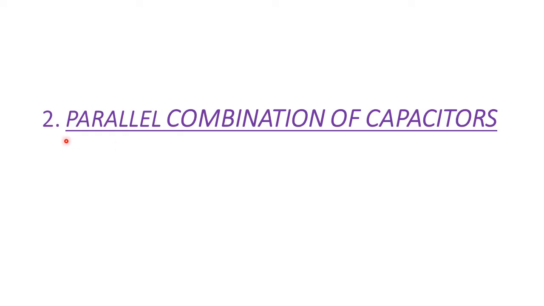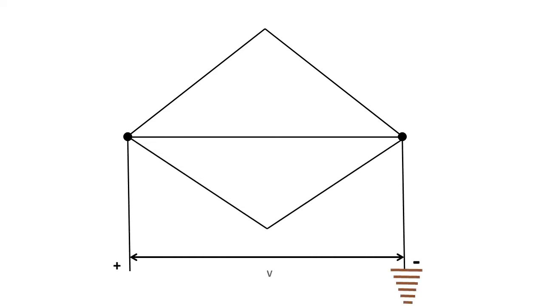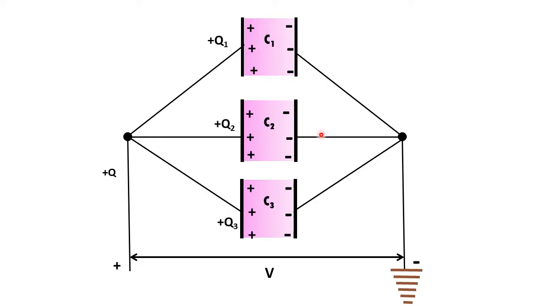Now we will see the case of parallel combination of capacitors. In this case also, three capacitors having capacitances C1, C2 and C3 are connected across the terminals of a battery having terminal potential difference V. But in case of parallel combination, each capacitor is connected with the terminals of the battery.